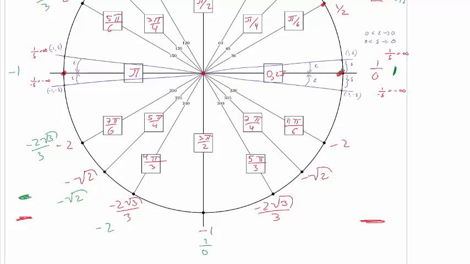That's going to cause us to have an asymptote. We'll deal with that in a second. Let's go ahead and finish this off. Note in quadrant 4, the x values are positive. And so we're going to repeat the pattern that we've seen before, but all the values will be positive. So here we have a positive 2, a positive root 2, and a positive 2 root 3 over 3.